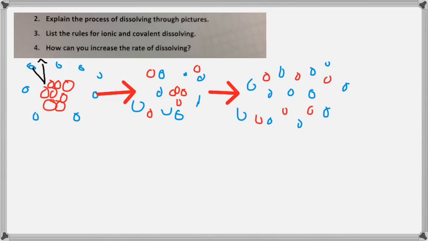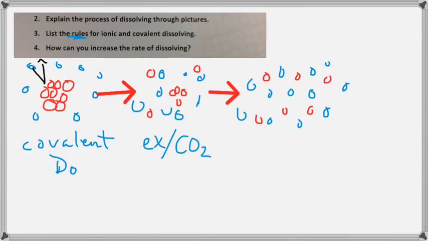Now, as we go into question 3, that's where we start talking about the rules for ionic and covalent dissolving. So what's the difference between these? Well, in covalent, whatever your covalent compound is, for example, carbon dioxide, it doesn't break up. It doesn't split.